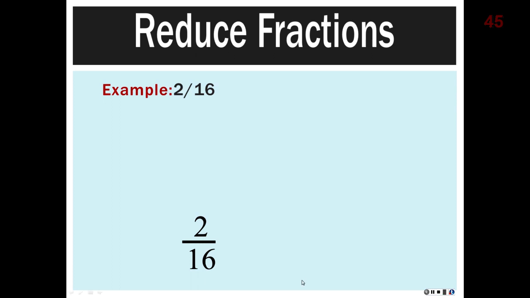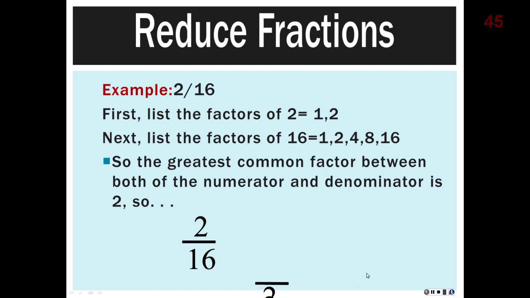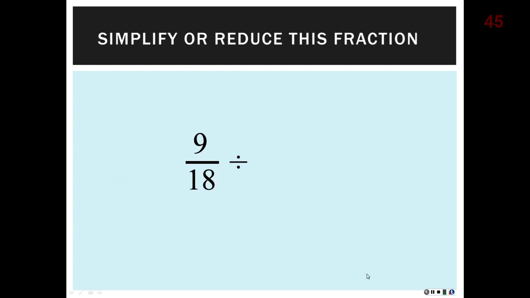Okay, what does this reduce to? What did you use? 2. So we reduce by 2, and we'll get a new equivalent fraction of 1 over 8. What about here? What do I reduce by? What factor? 9. And that'll give me 1 over 2.